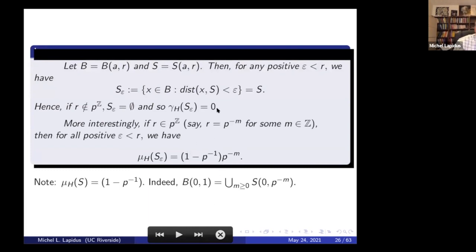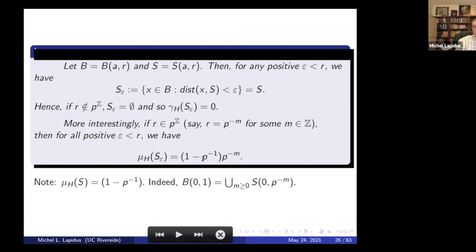Now, if you have a sphere in a p-Adic line, then it doesn't have zero measure. Unlike a sphere, say in R^3, the surface of a two-dimensional sphere in R^3 has three-dimensional volume 0. But this is not the case here in the p-Adic case.